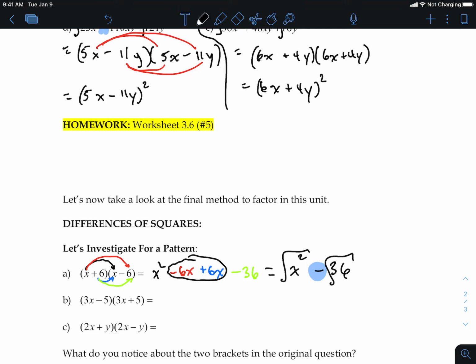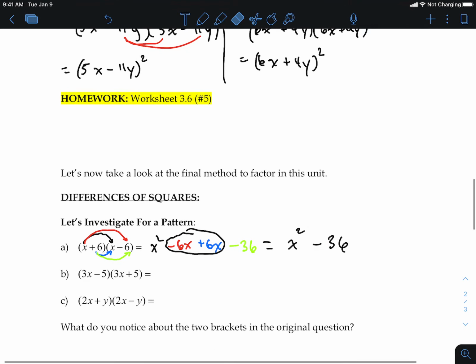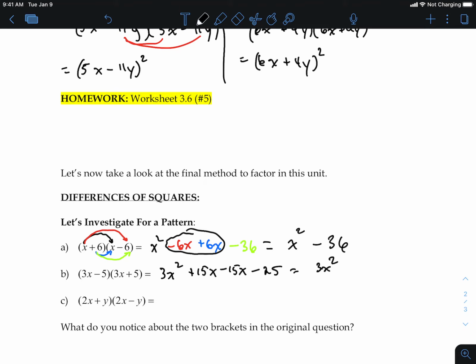Okay? You could practice doing all 3 of these. The expansion. Okay? You're going to notice you're going to get the same thing over and over again. Well, same pattern anyway. 3x squared plus 15x minus 15x minus 25. Middle terms cancel. 3x squared minus 25.